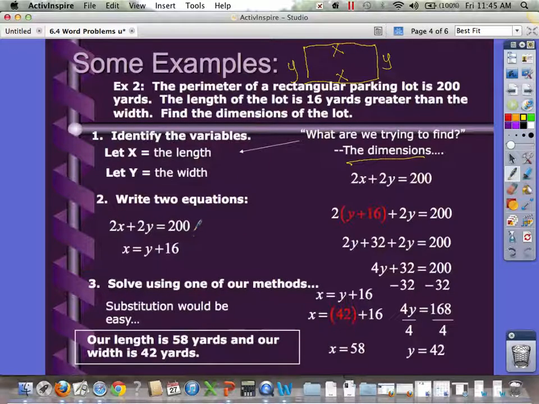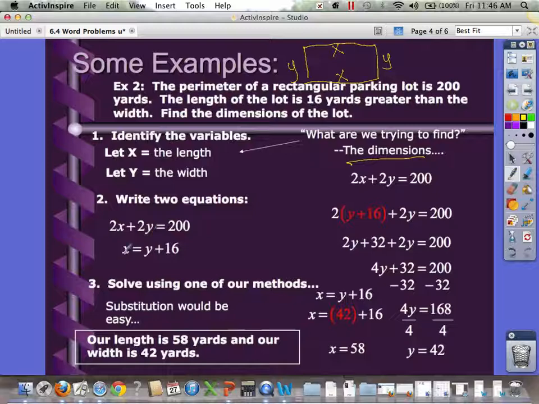All right, and then it says the length of the lot, and length we used as x, is 16 greater than the width. So 16 more than y. So that's how we set this one up.